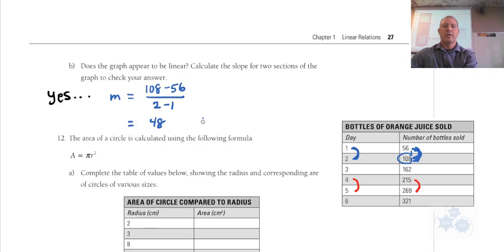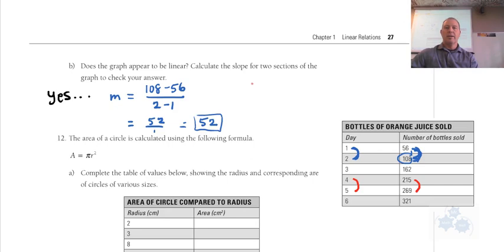I did say 48. What am I saying 48 for? Okay, 108 minus 56. 52. 52, thank you, over 1, right? So 52, and that's going to be bottles per day. We don't need the units because we're just focused on the numbers right now.